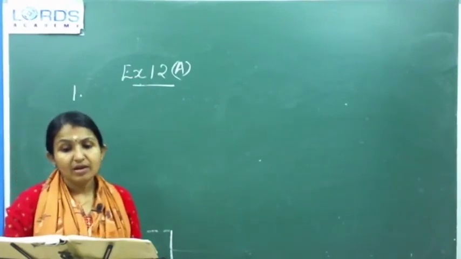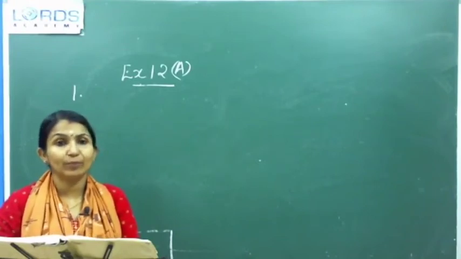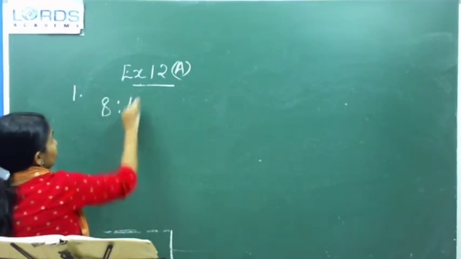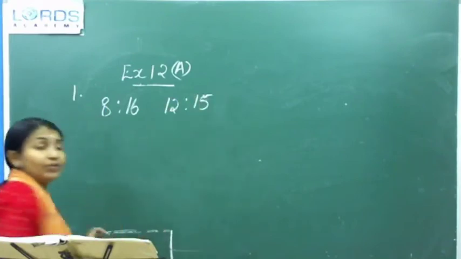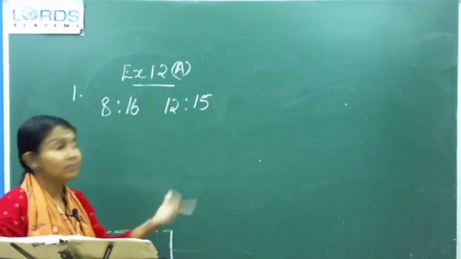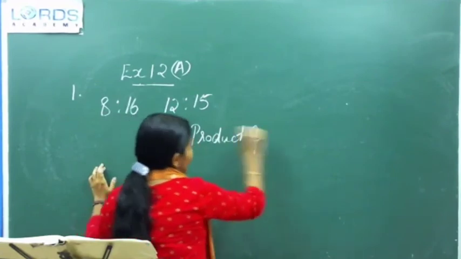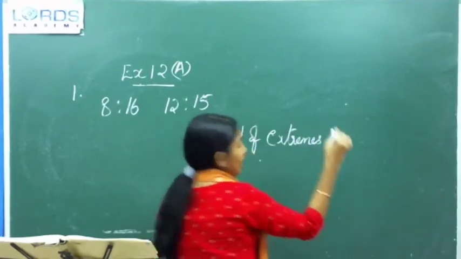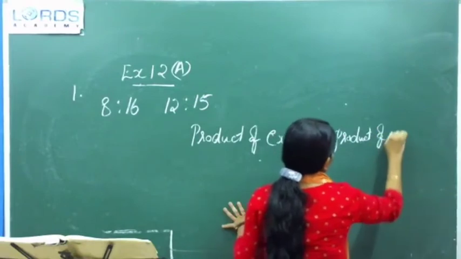Exercise 12a, in that first section we should check whether the given ratios form a proportion or not. In the first question, 8:16 and 12:15. If the two given ratios are in proportion, the product of extremes should be equal to the product of means.